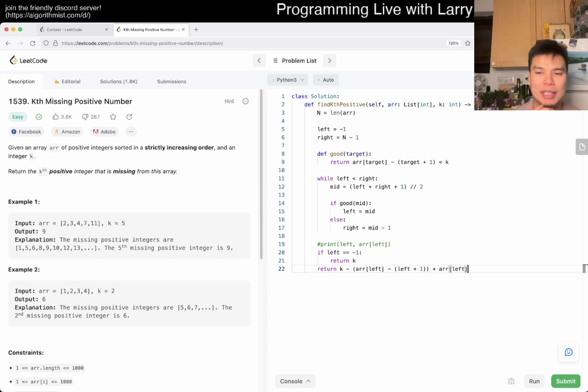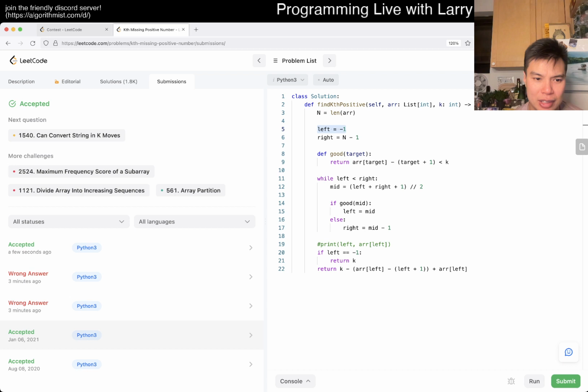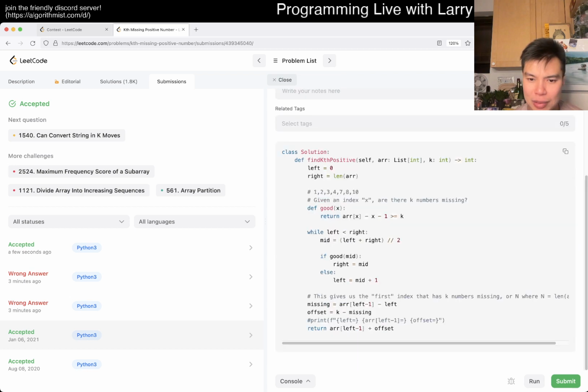But that kind of speaks to how precisely you have to define your stuff. And I think this time maybe I shouldn't have. The -1 was kind of sketch. The way that I did it last time was a little bit better because I did it the other way, where the question is a little bit different.